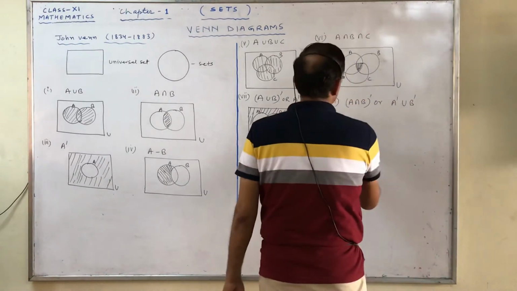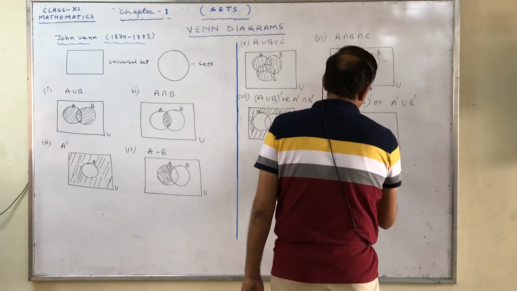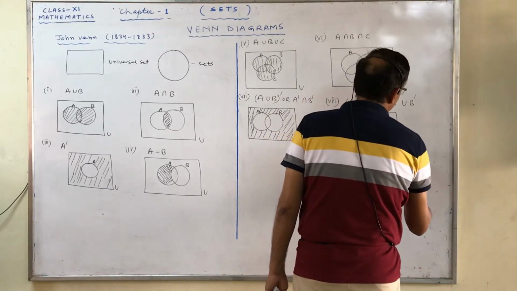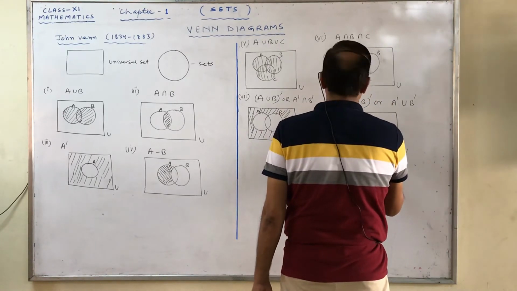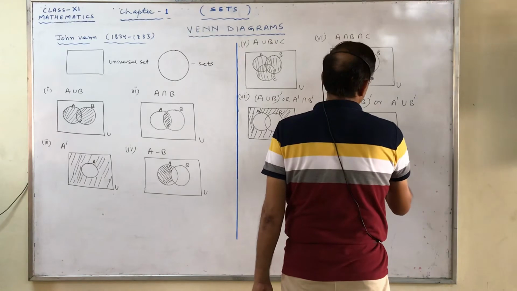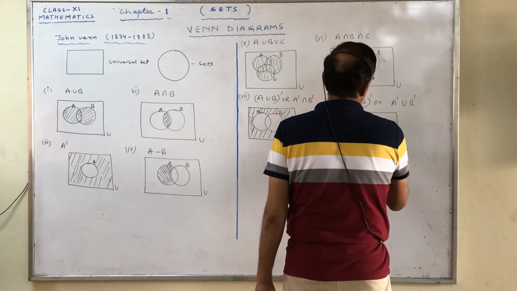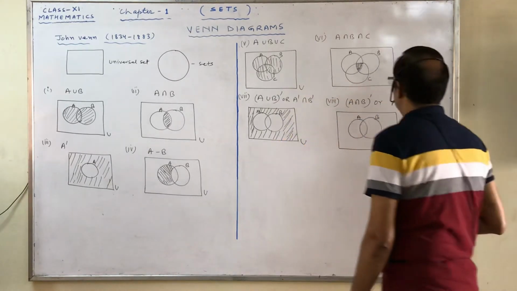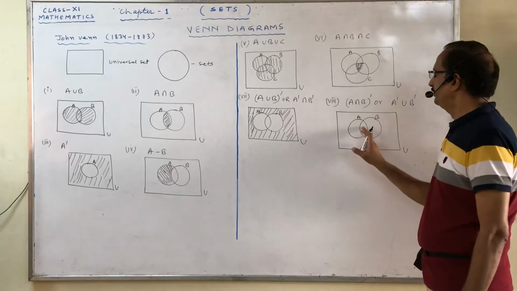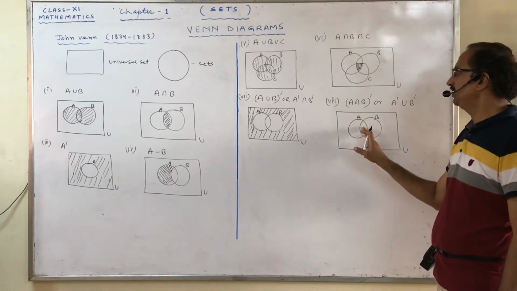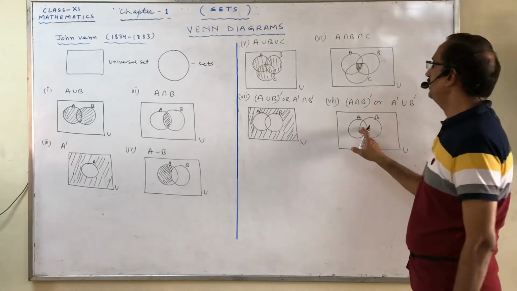For this, again, sorry, only two sets are required. These are A and B. Now, A intersection B. This common portion is A intersection B, and we have to find A intersection B dash.